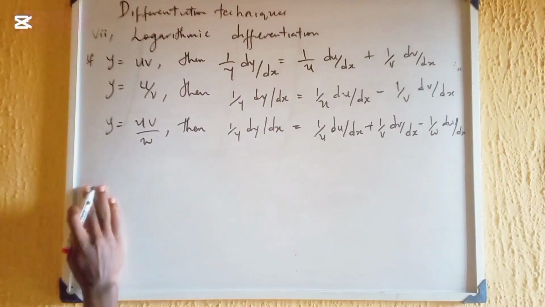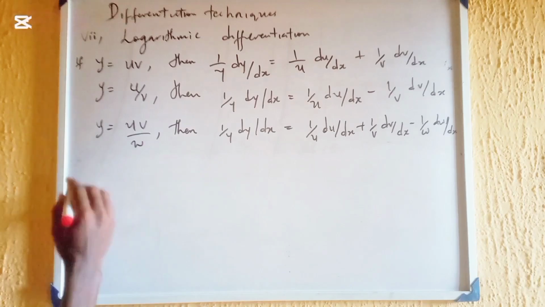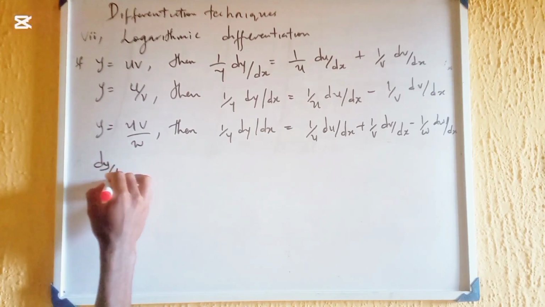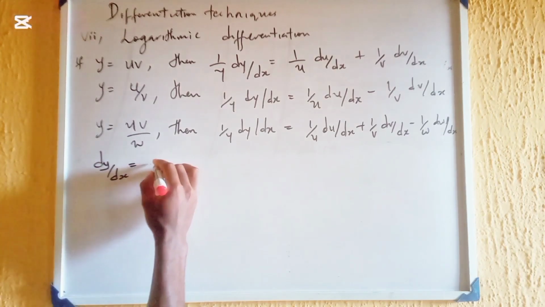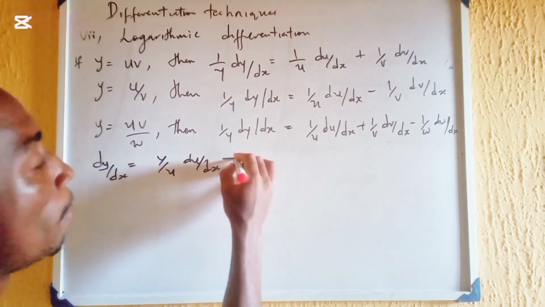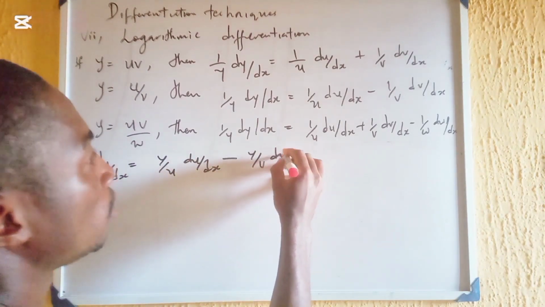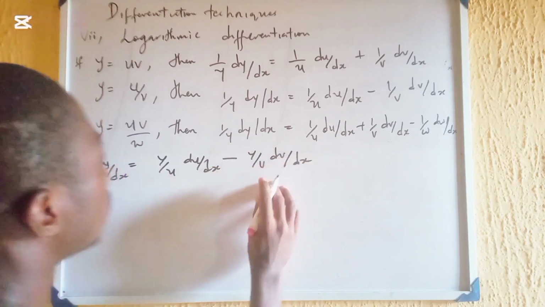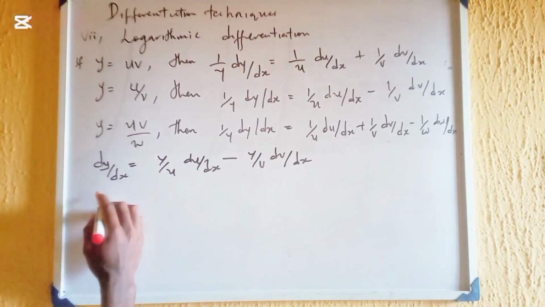Let's verify the one for y equal to u over v. So we're having dy/dx is equal to y over u du/dx minus y over v dv/dx. Well, remember that your y is equal to u over v.